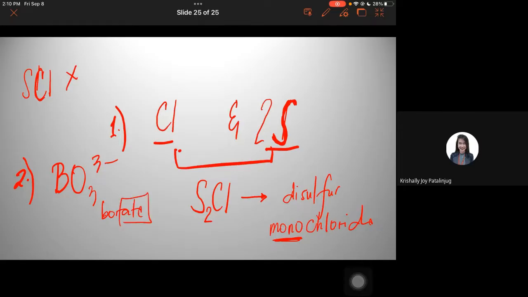What do you think would be the name of the acid you can derive out of borate? You can make use of the chat box. What will happen to the -ate ending? That would become boric. Okay, boric acid.